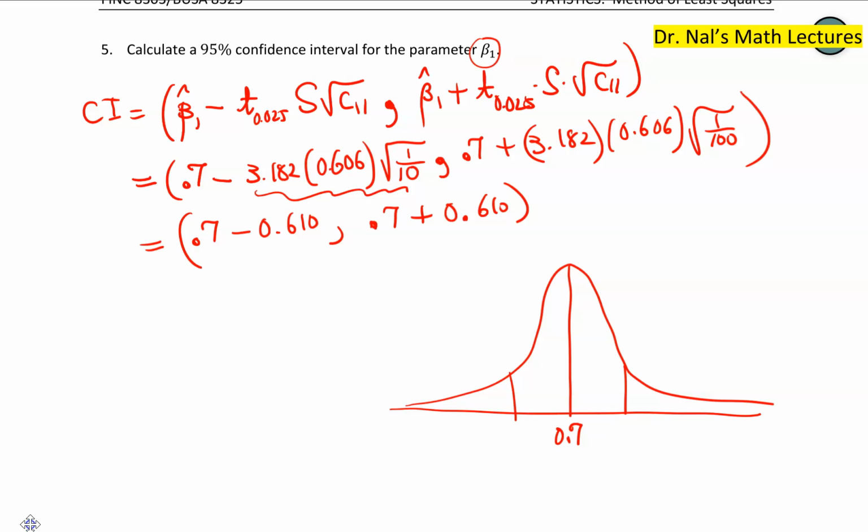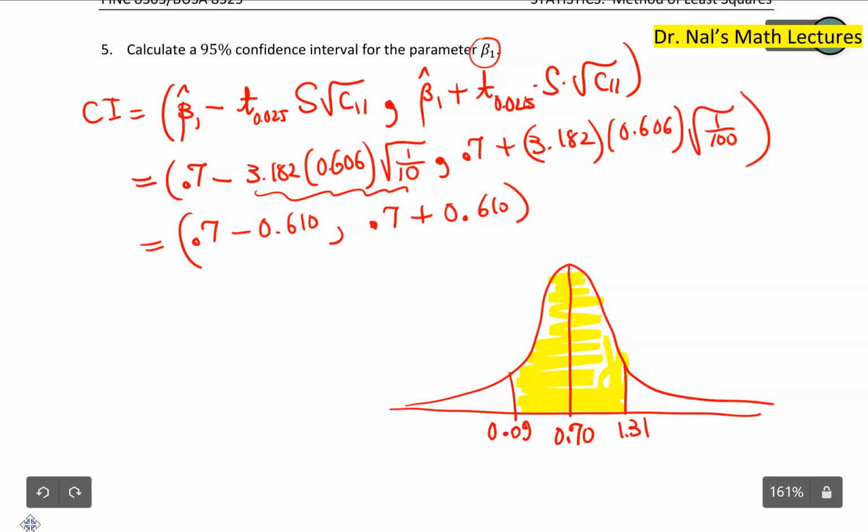If you subtract, that would be 0.09, so let's call it 0.09 then. And on the upper end, it is 1.31. There you go. So we are 95% confident that beta 1 will be within this interval.